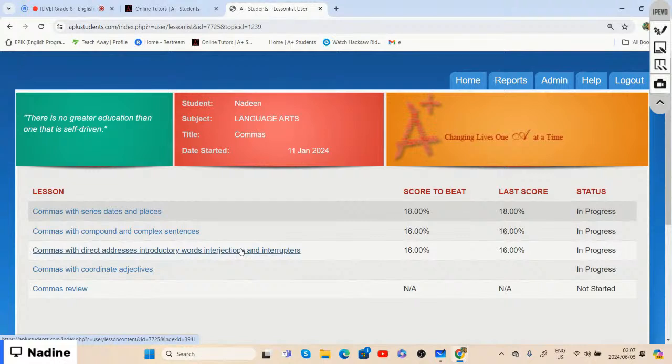So we need to put a comma after all of those words, but not a comma before the last word.